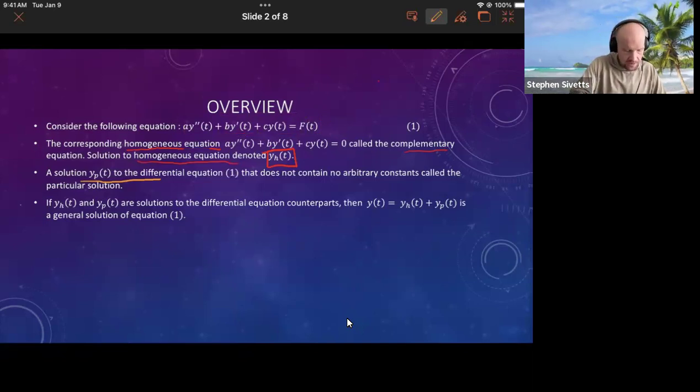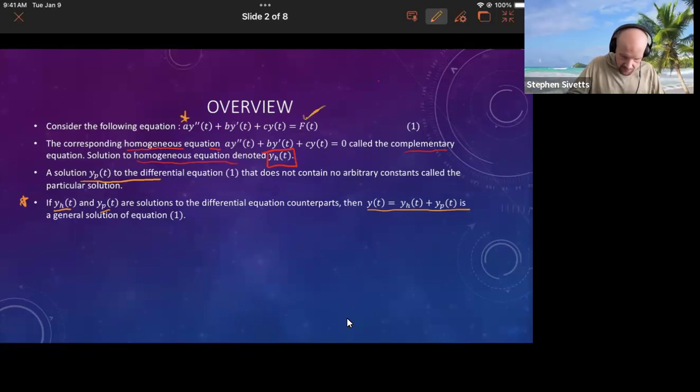This part right here reflects the principle of superposition. If we have two sets of solutions to this differential equation, then the general solution will look like this, and it's also a solution for this equation as well.